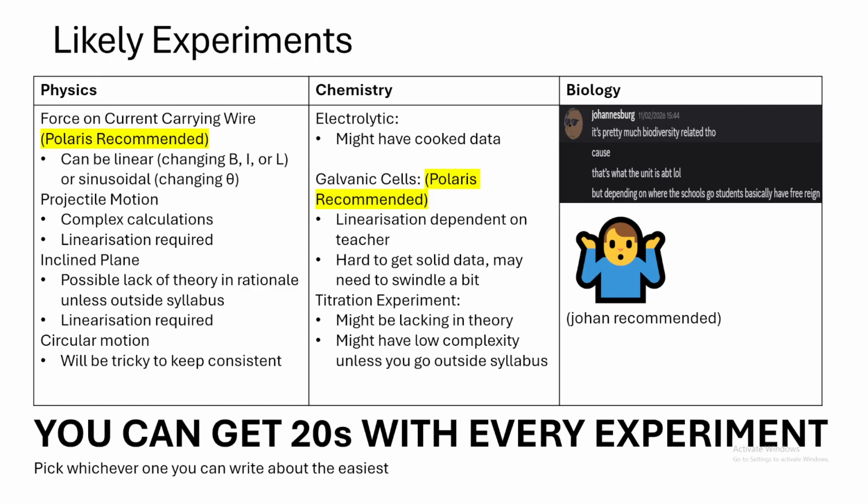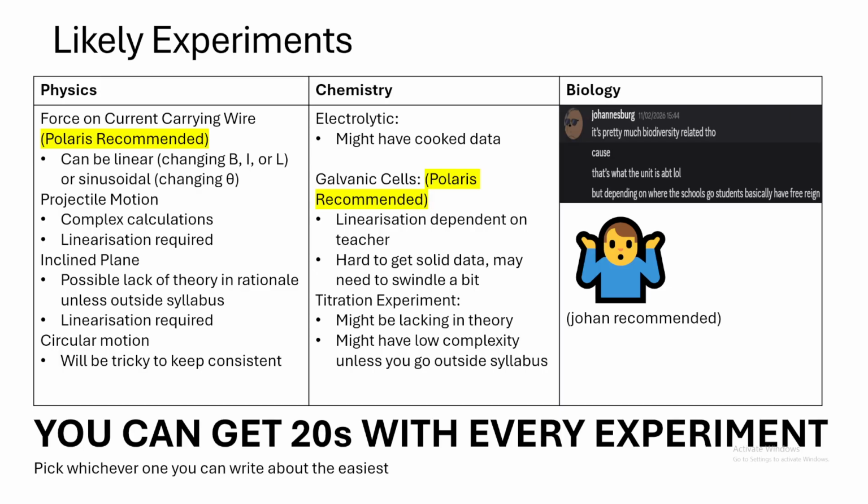You'll hook the current carrying wire to an ammeter, you'll change the current, and whatever you're measuring, for example, maybe you're measuring the force that the current carrying wire emits. So when you change I, you'll measure force, then you'll plot that relationship and write a report on it.